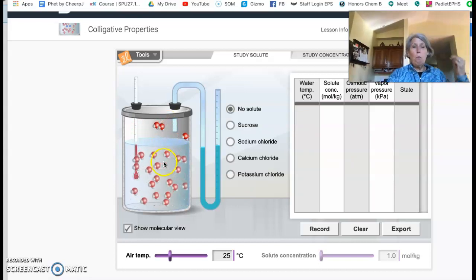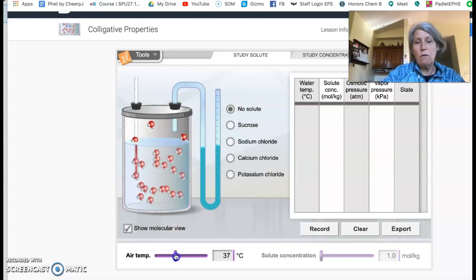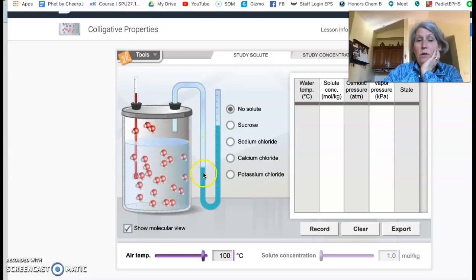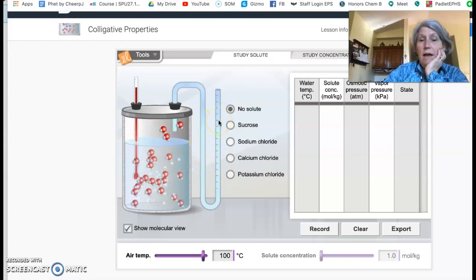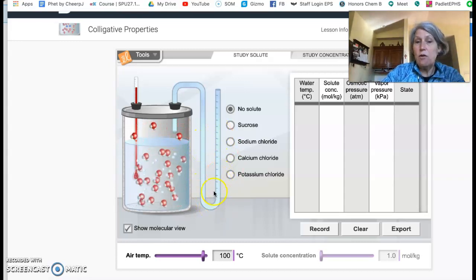Now, I'm going to slowly increase this to 100 degrees C. So I'm going to get right at 100 degrees C. 99, there's 100. Okay. And now you'll notice that the plug of water that was here in the tube is basically gone.